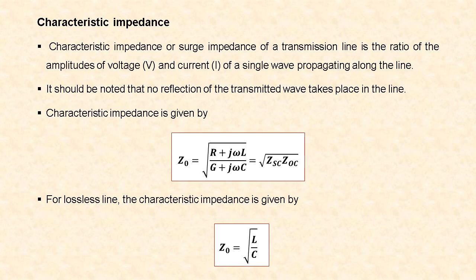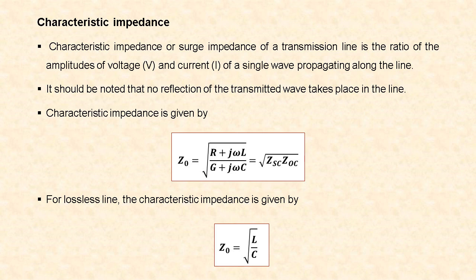Characteristic impedance is given by Z0 = square root of (R + jωL)/(G + jωC), which is also equal to square root of ZSC × ZOC. Here ZSC is the short circuited impedance and ZOC is the open circuited impedance of the transmission line. R, L, G and C are the resistance, inductance, conductance and capacitance per unit length of the transmission line.